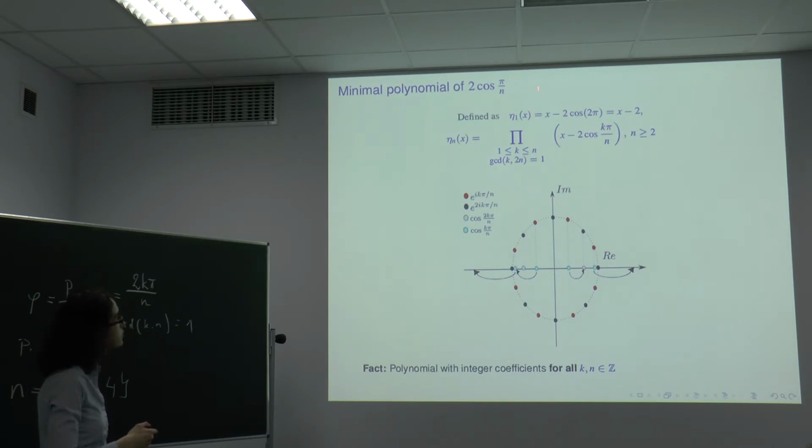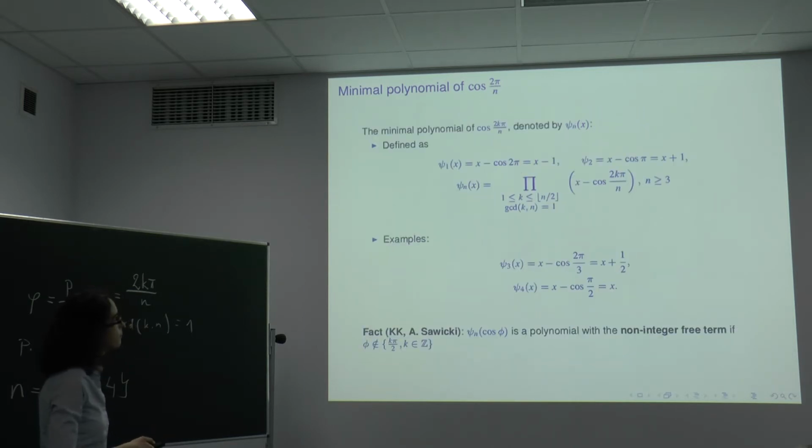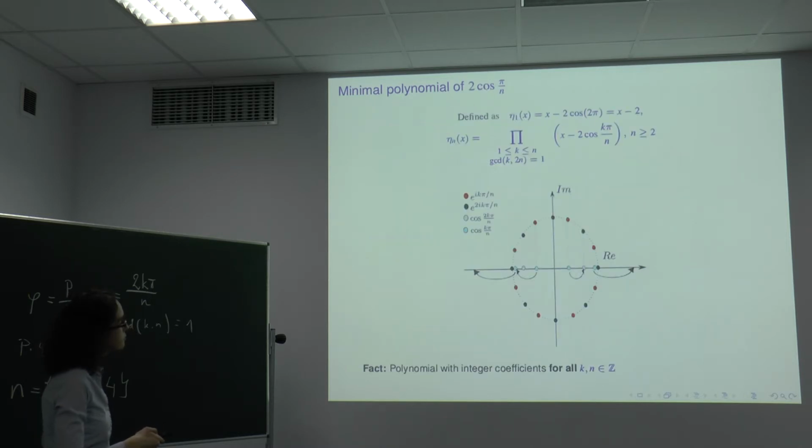The minimal polynomials of double cosine will be denoted by eta, and the minimal polynomial of a cosine will be denoted by psi.